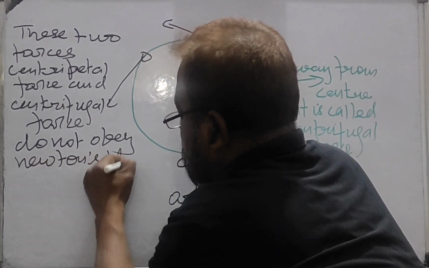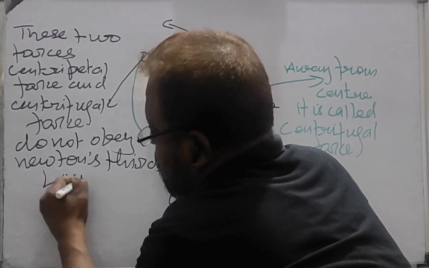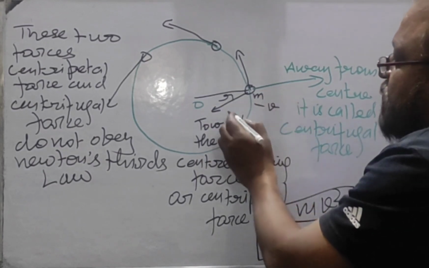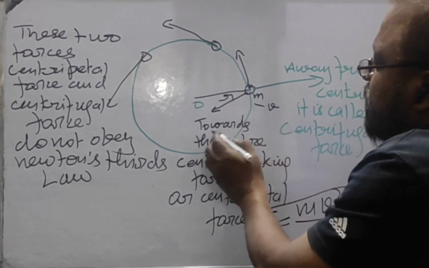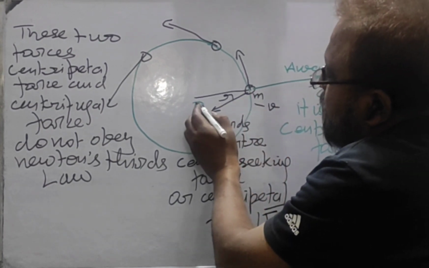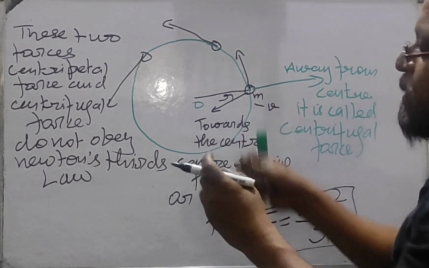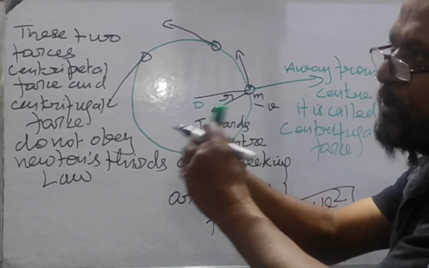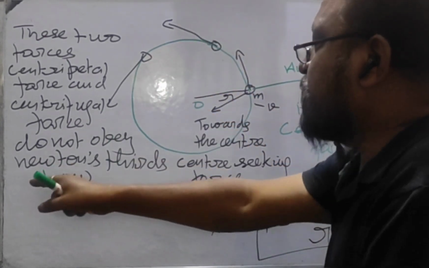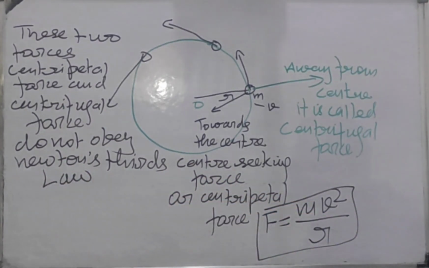Why? Because they keep each other in balance. Due to centripetal force it is not falling in on the center, and due to centrifugal force it is not going away from the center, because they both keep each other in balance and the object moves on a circular path. In spite of that, it is not obeying Newton's third law. Why? Do you know what is Newton's third law?